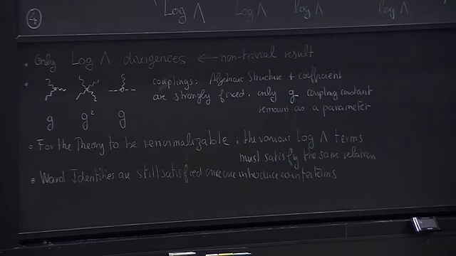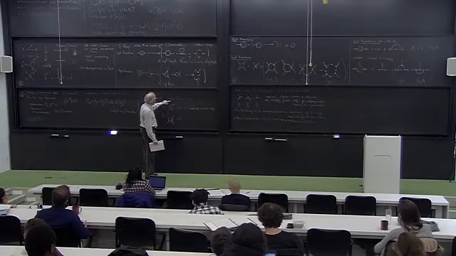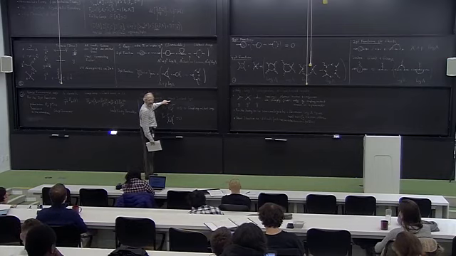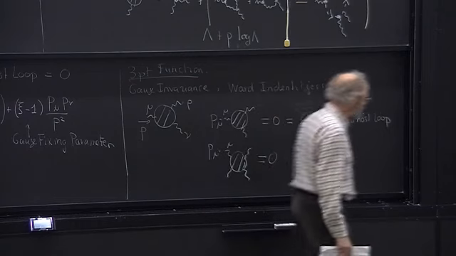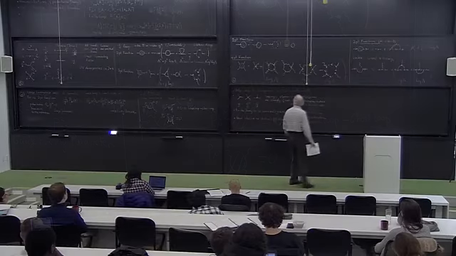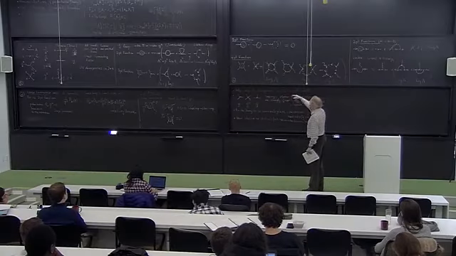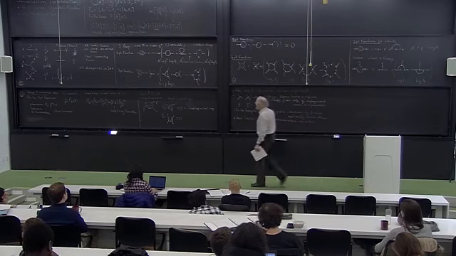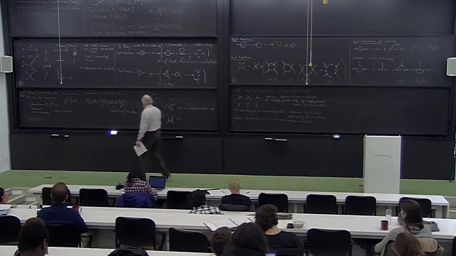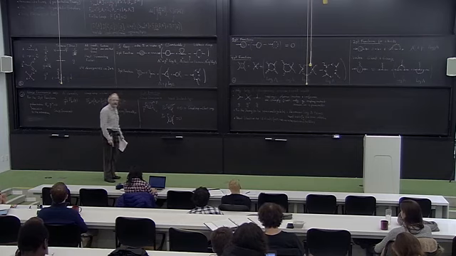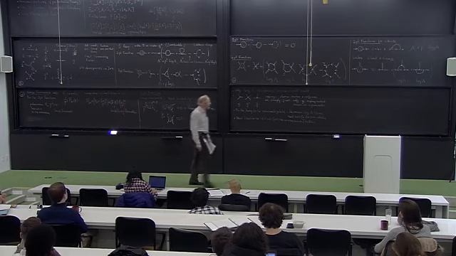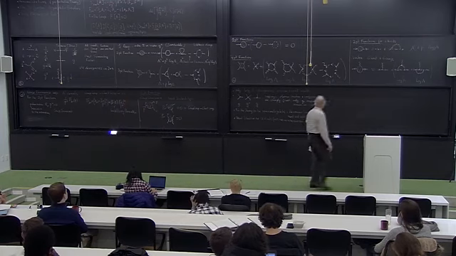And in fact, there is a more involved version of the Ward identities, which are called the Slavnov-Taylor identities, but I won't discuss that. Okay. So you see, these are the problems that people met when studying the renormalization of gauge theories at the end of the 60s and the beginning of the 70s.